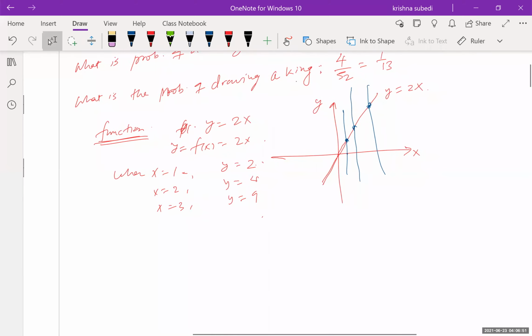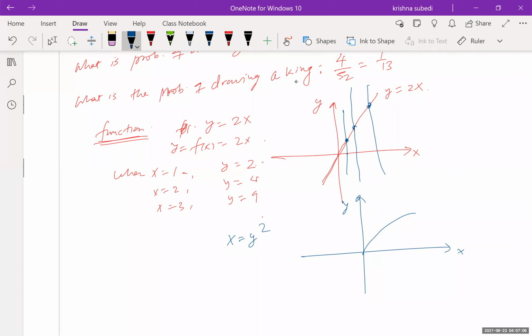Now if I ask you, let's say, x equals y squared, for example, in this case if you draw the graph, it is going to be this one. This is your x equals y squared graph.